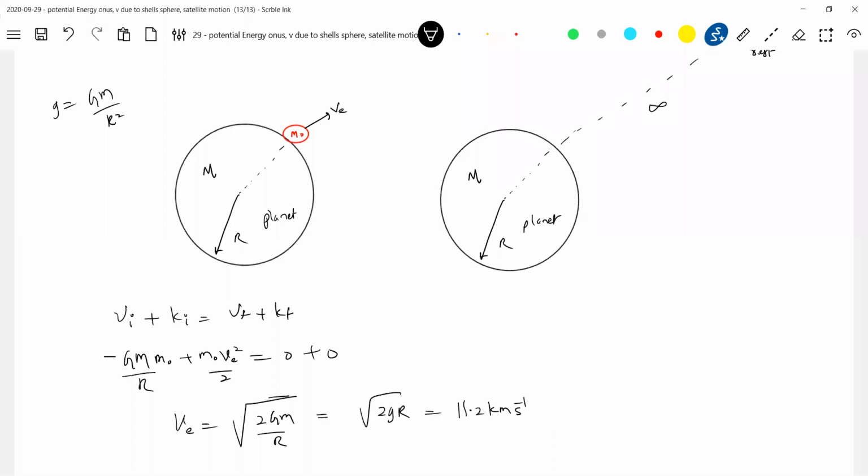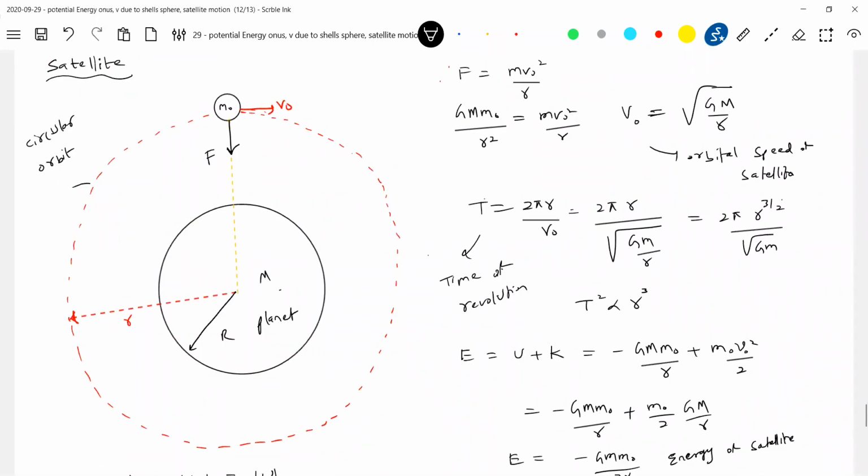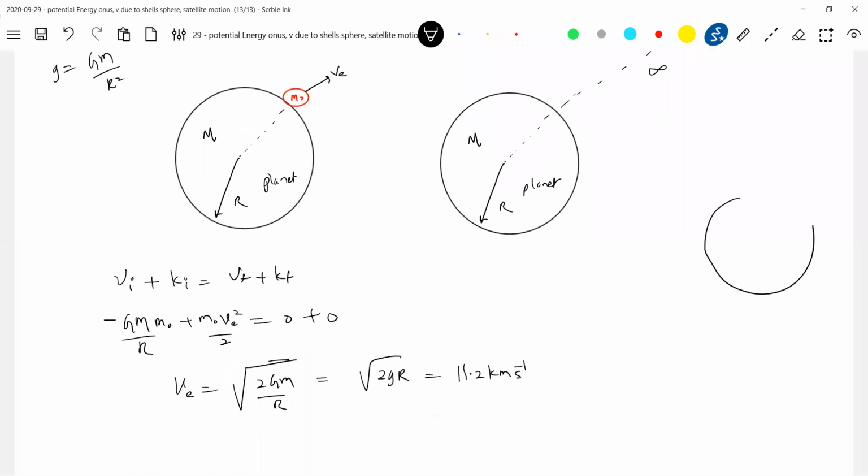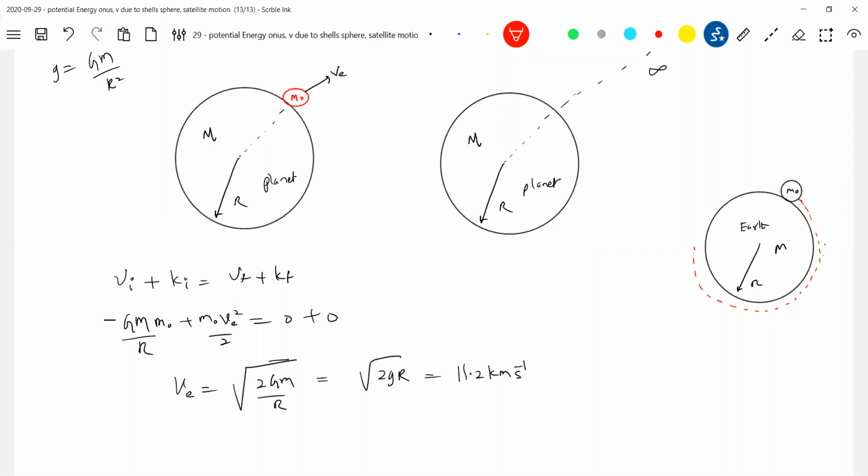In terms of orbital speed, what is the expression for orbital speed? It is root of GM by R on the surface of the Earth. I think here only I'll introduce that. If a satellite revolves very near the surface of the Earth, just above at a distance of 10 meter or even 100 meter, with an orbital speed, what should this orbital speed be equal to?